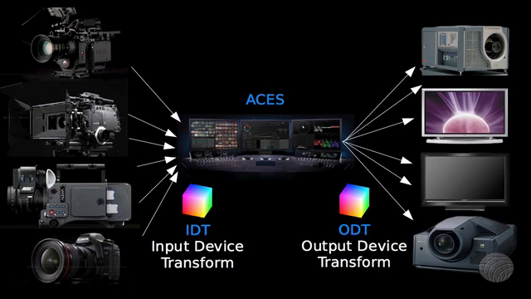These are often provided by the camera manufacturer or developed by the Academy in association with the camera manufacturer to dictate how to get their raw or wide gamut log images into ACES color space. And then you also have ODTs for a variety of display devices. ODTs are the output device transforms, which tell you how to get to all your different display devices.